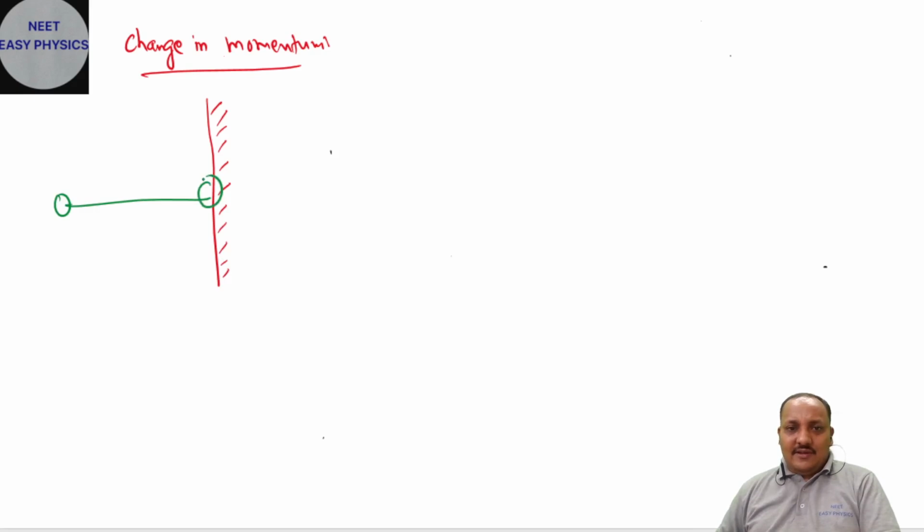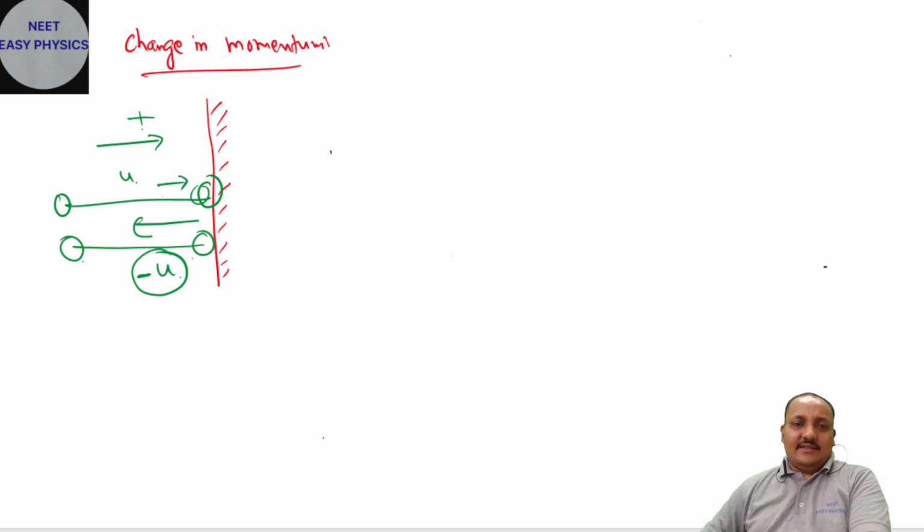With what velocity is it hitting? With the same velocity, let us assume it is coming back. Just for understanding, I am drawing here. It is coming with the same velocity. In this direction we will take minus u, and in this direction plus u, because this is the positive x-axis and this is the negative x-axis, correct?